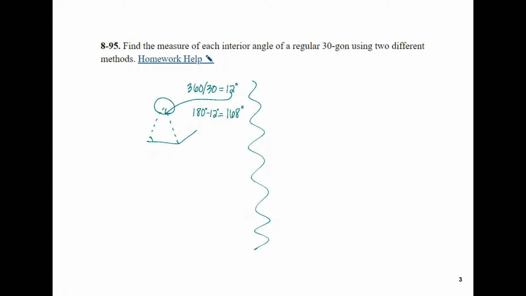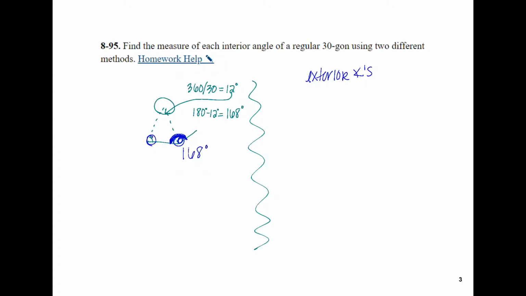So these two angles would make up 168 degrees. This angle corresponds to this other half of the angle, which would create my entire interior angle of my polygon, so 168 degrees.